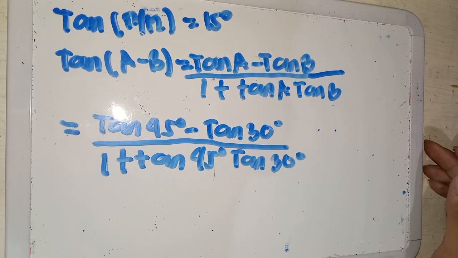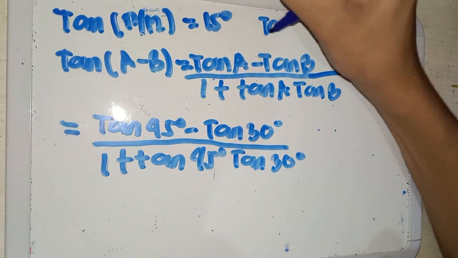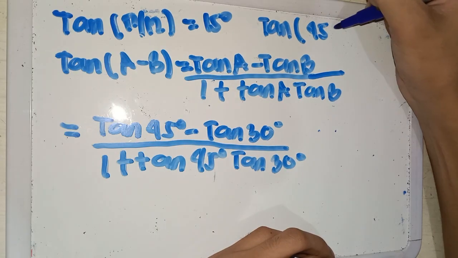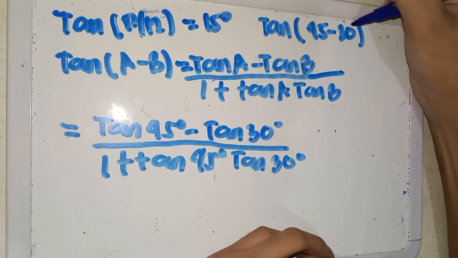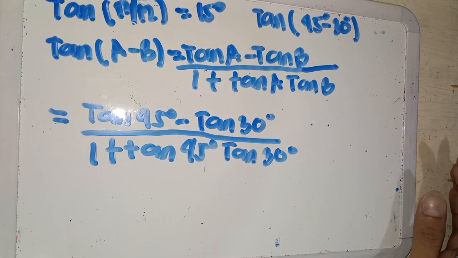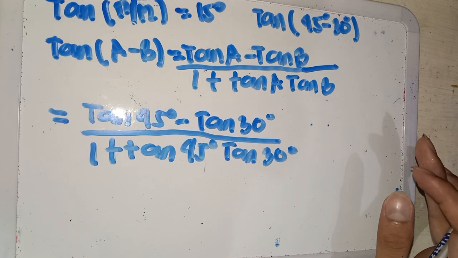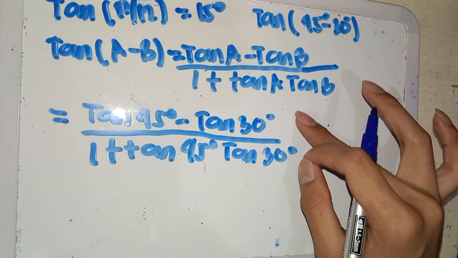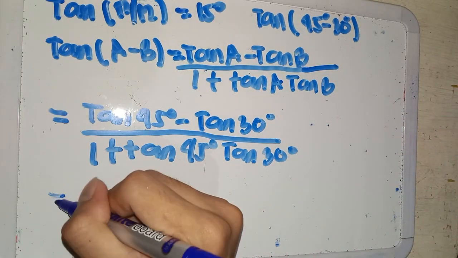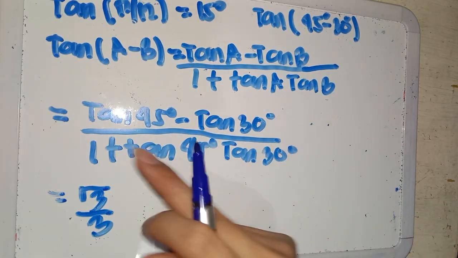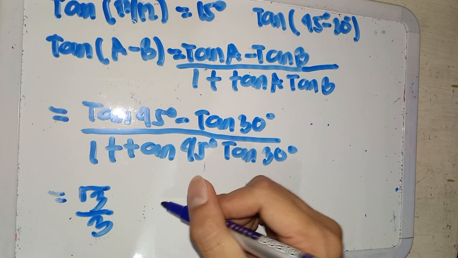Oh, I forgot to write the tan of 45 minus 30 degrees. So we need to use tangent 30 is equal to root 3 over 3, and tangent 45 is equal to 1.